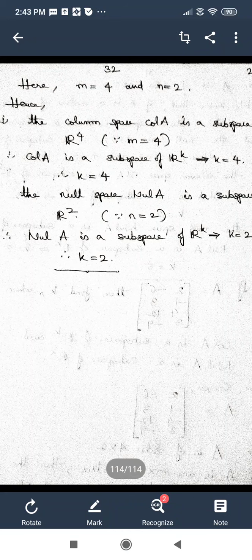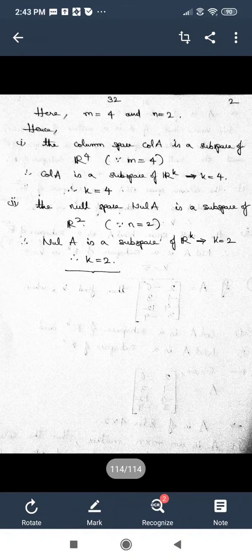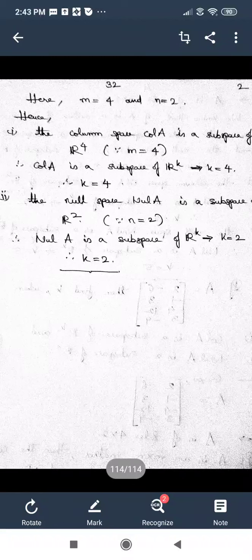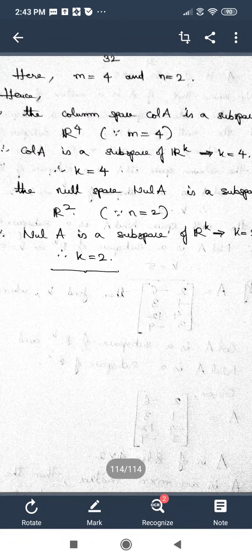In the first bit, the value of k should be 4 because there are 4 rows in the given matrix.